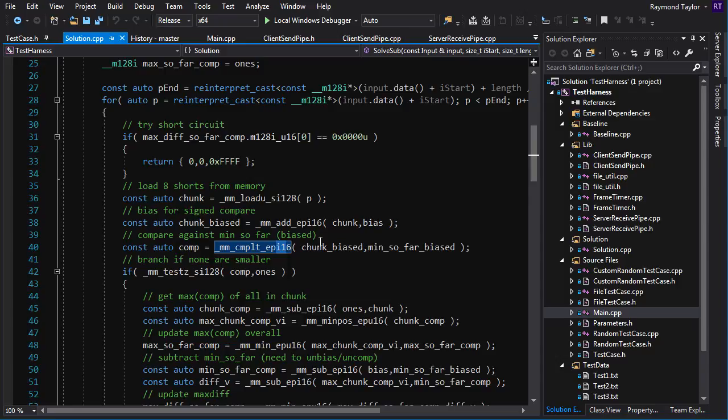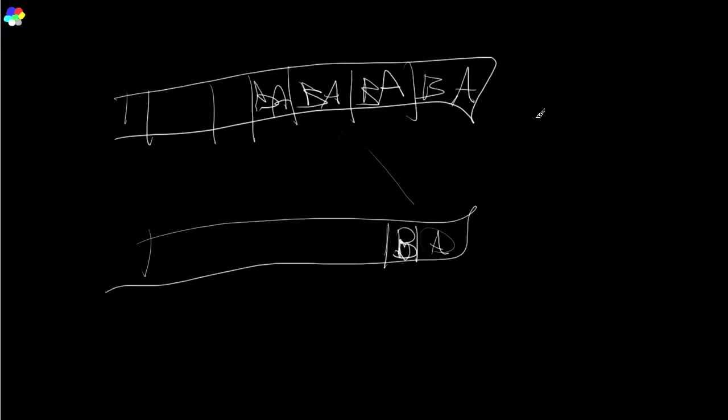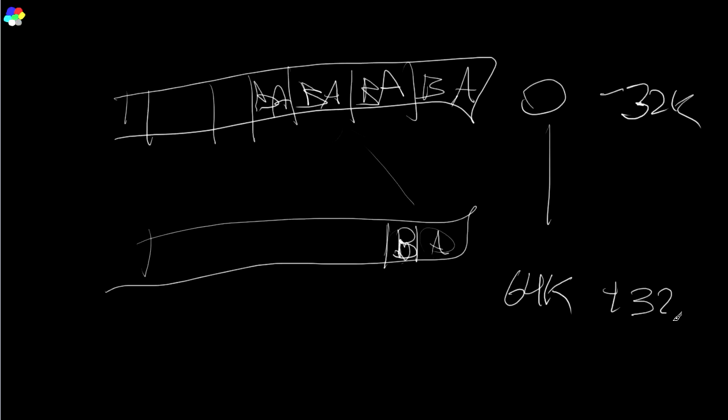So what do? Well, we can transform our unsigned values into a signed range that still keeps the relationship between them. In the unsigned domain, our values range from 0 to 64K, basically, whereas in the signed range, they're going to range from negative 32K to positive 32K.